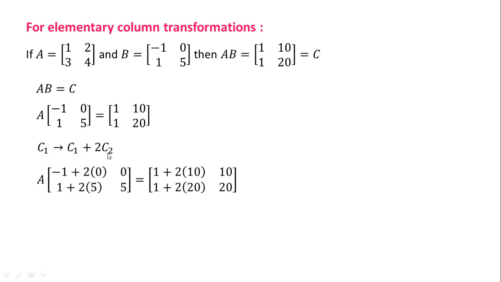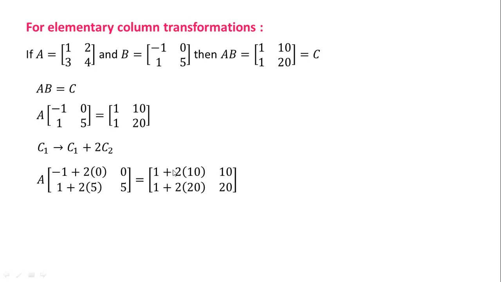Now in this case, B is called the post factor. A remains as it is. See, A as it is. I have to change this post factor. So minus 1 plus 2 into 0. Here 1 plus 2 into 5 like this as per this. Column number 2 as it is.